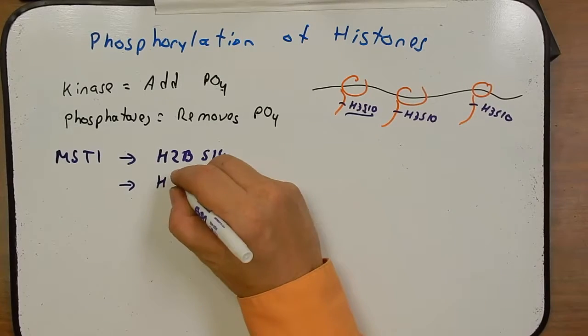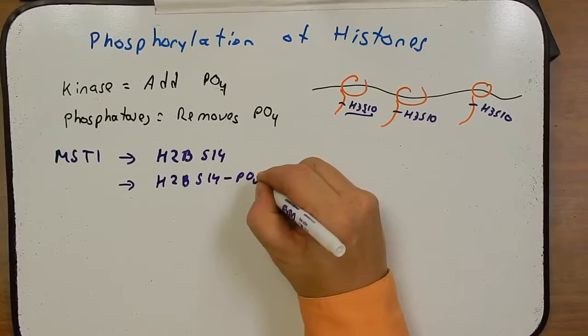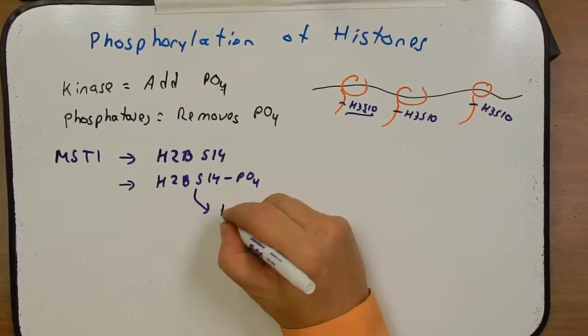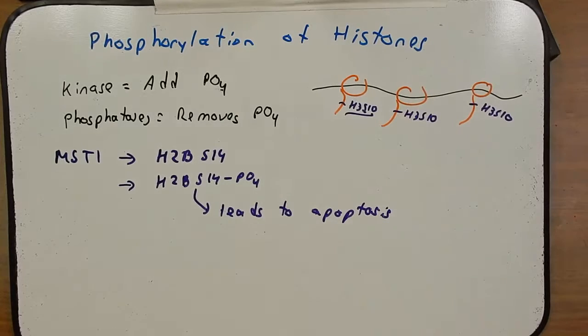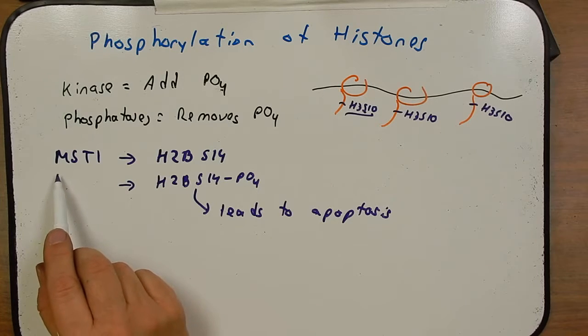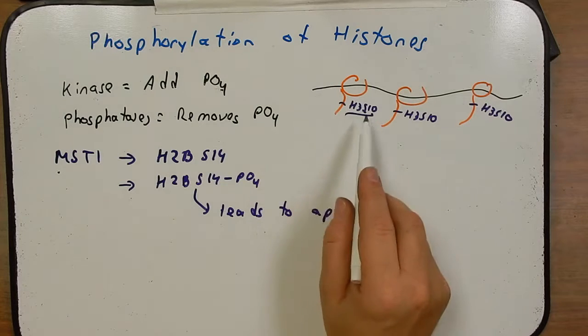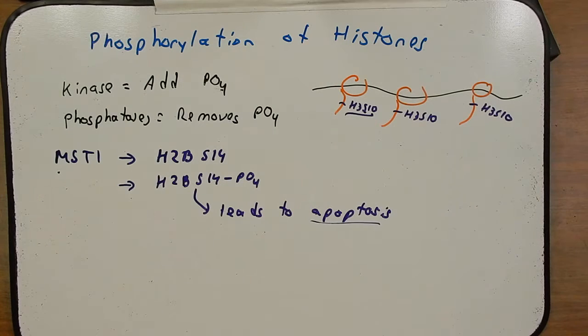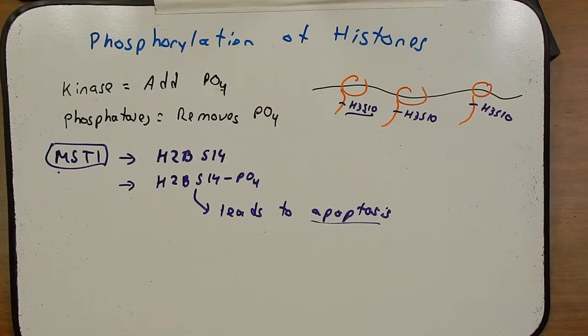And when H2B-S14 is phosphorylated, it leads to apoptosis. If you remember, when we were talking about the effects of phosphorylation, I did mention that there was some evidence that phosphorylation events on the histones led to apoptosis. So I wanted to make sure that we mentioned the enzyme where that link exists.